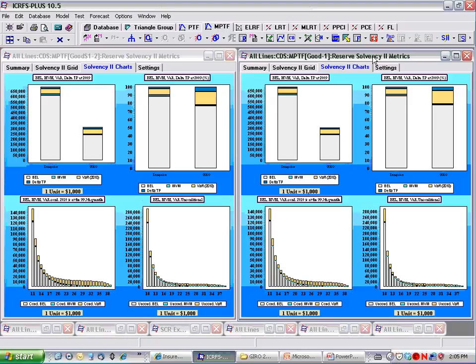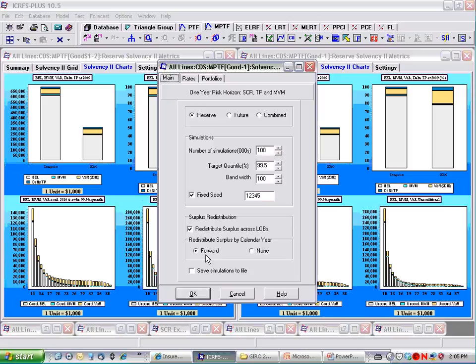One thing that you can also do, by default, when we did our simulations, we also assumed that we have forward fungibility in terms of calendar years. In other words, in the first calendar year, you don't have any surplus because if in aggregate you are in distress, which means you reach the 99.5 percentile, there's no surplus from any LOB.